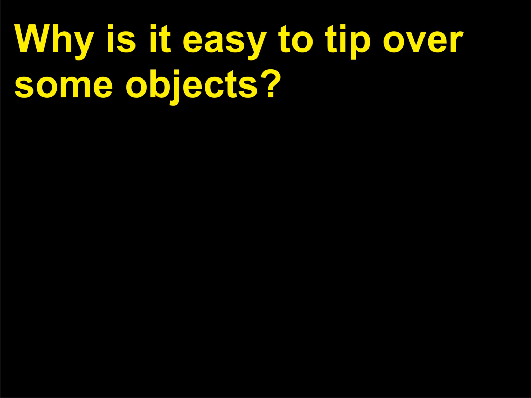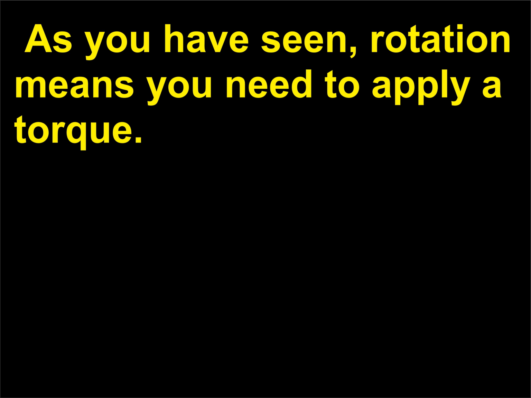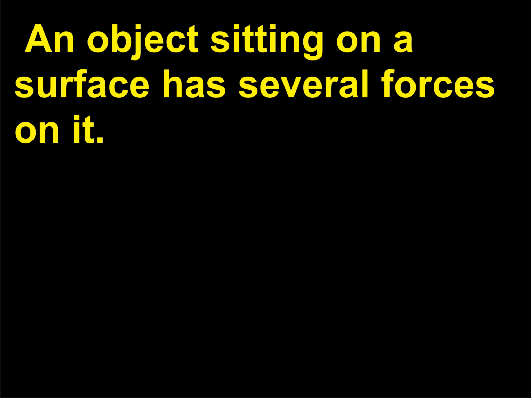Why is it easy to tip over some objects? If you want to tip something over, you'll have to rotate it. As you have seen, rotation means you need to apply a torque. An object sitting on a surface has several forces on it.